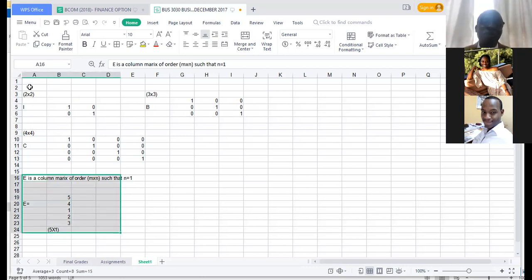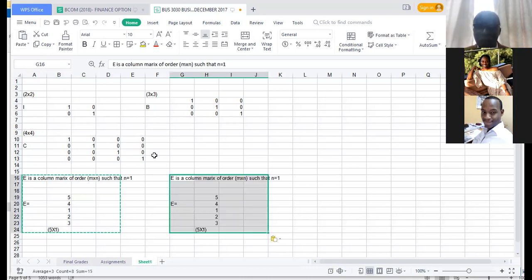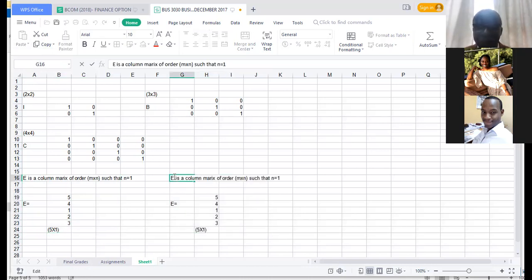And the converse is true for a row matrix. F is a row matrix of order M by N such that M is equal to 1.